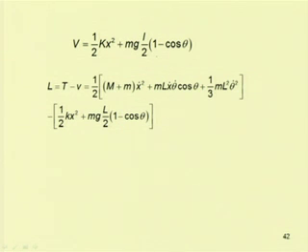So, one can write the Lagrangian L equal to T minus U.